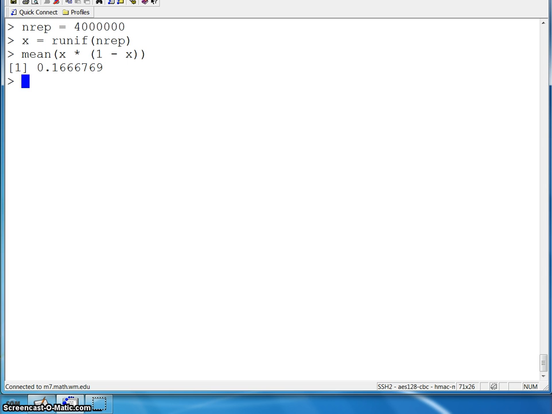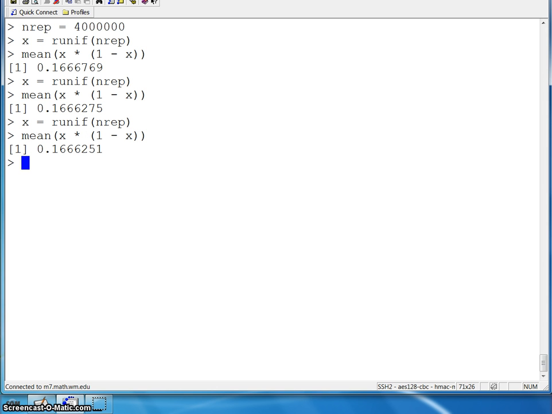And in this particular case, again, if I do this repeatedly, I will get numbers that are very, very close to 1/6. Now, I did want to show one mistake here, which is the wrong way of looking at this, which is an easy mistake to make.